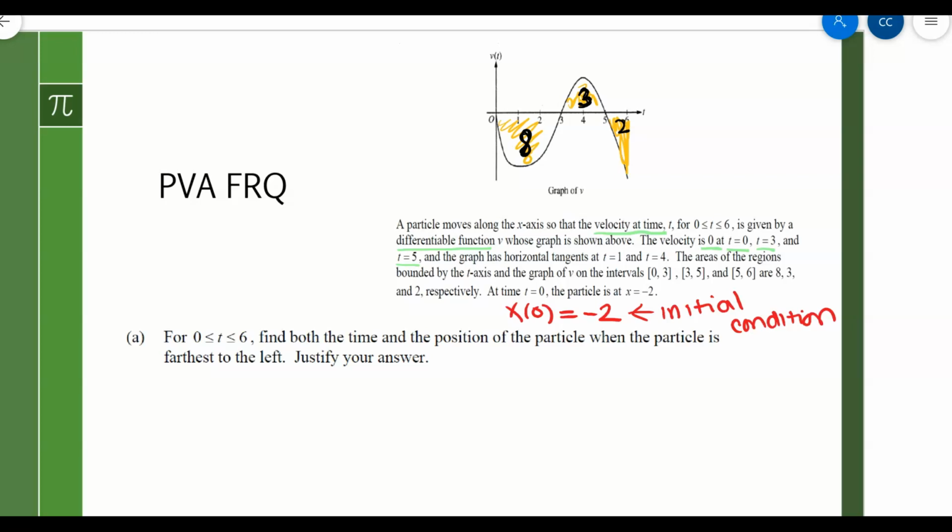So what that means is we need to find points at which the particle is moving. So x equals 0, the position is -2. The next position of concern is going to be the 0 on the graph, which is 3. So we know we're going to do position in red. X of 0 is -2.